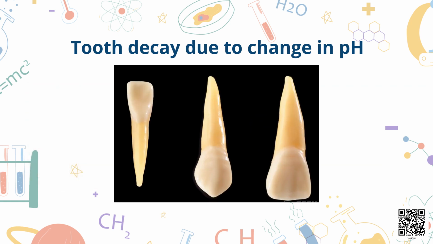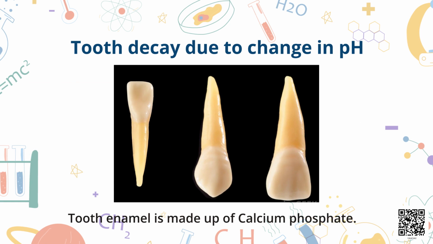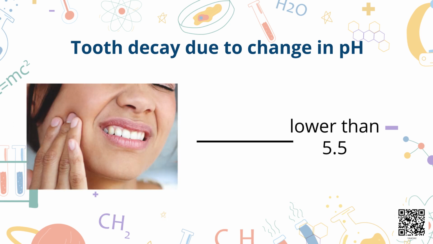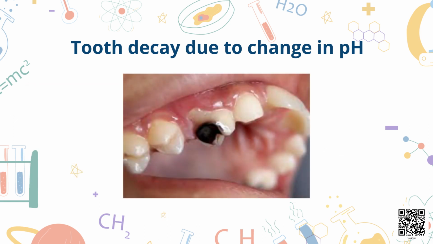Children, do you know that tooth enamel is made up of calcium phosphate, and it is the hardest substance in our body. It does not dissolve in water but corrodes when the pH in the mouth is below 5.5.